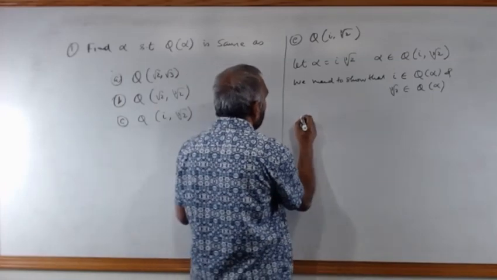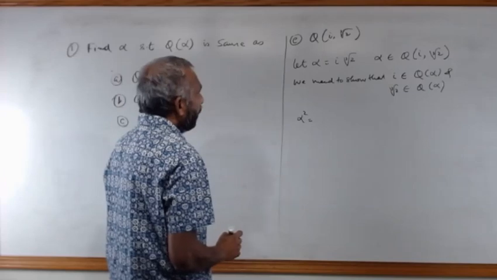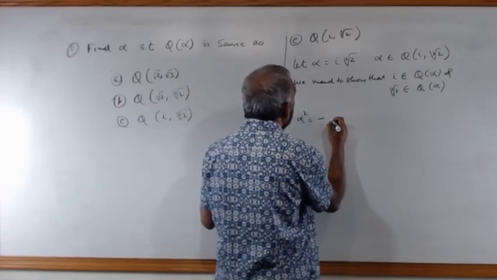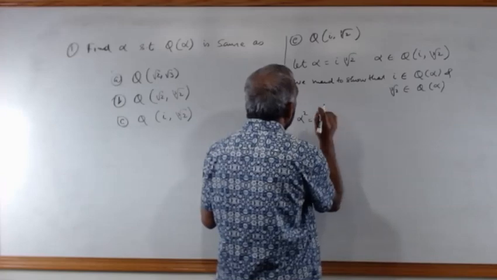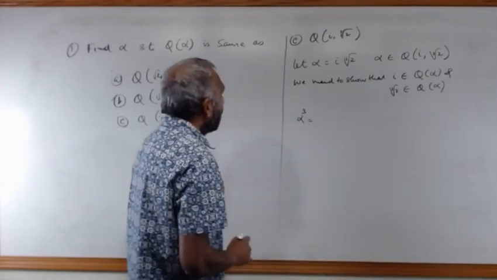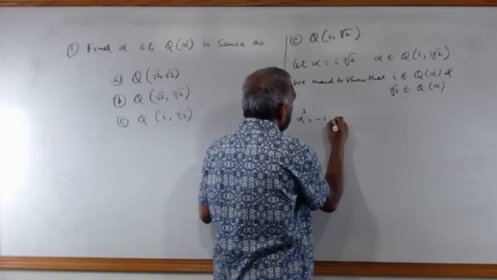What is alpha square? Alpha square is equal to minus... now let us take alpha cube. Alpha cube is what? Alpha cube is minus I times 2.